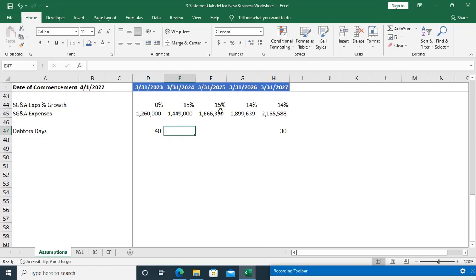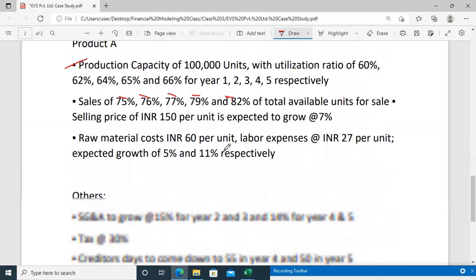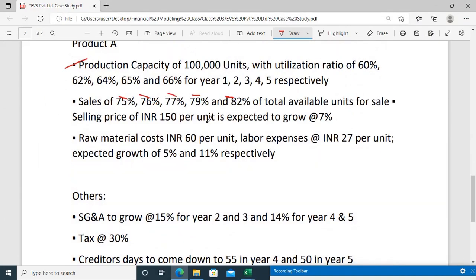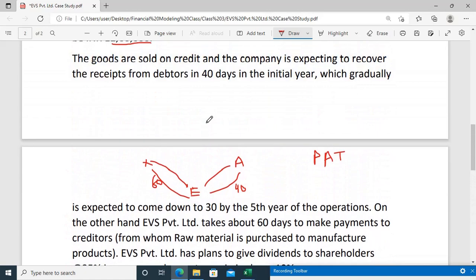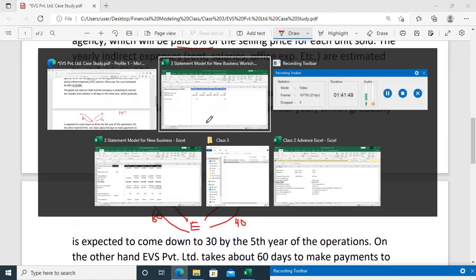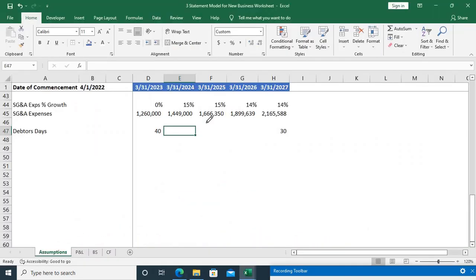There are no percentages given here. Nothing well defined is given, so we are just taking some assumptions. So 40 to 30, in between we have 3 years.